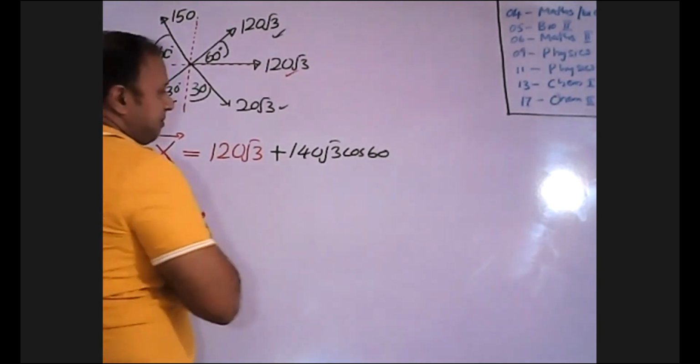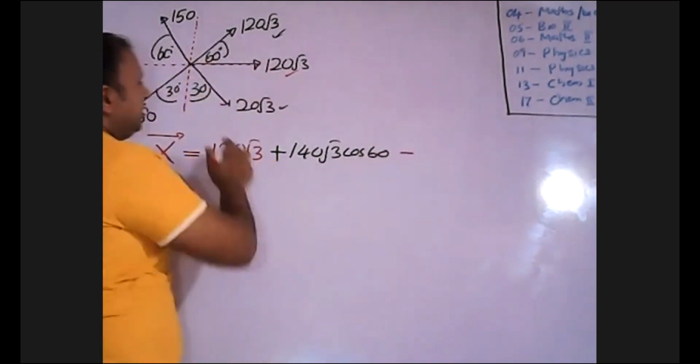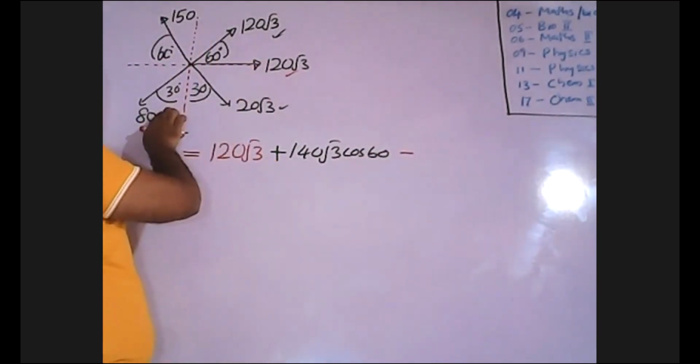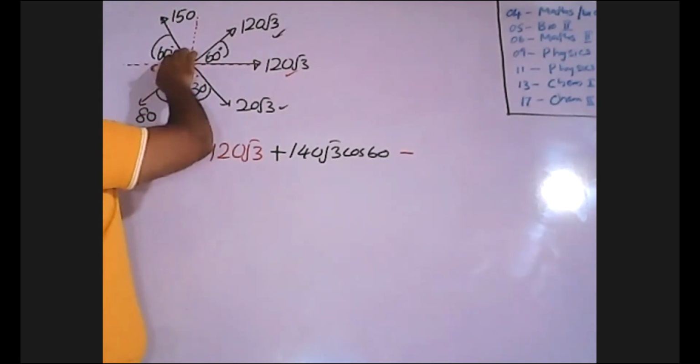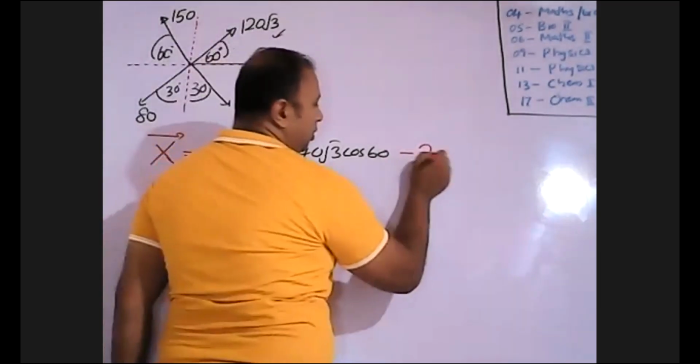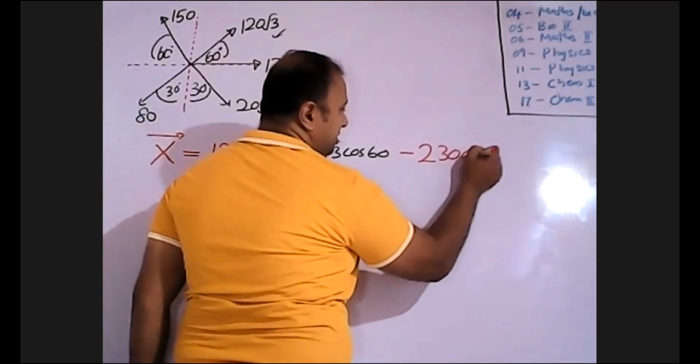Then minus, you can consider these two: 150 plus 80, that means 230 cos 60.